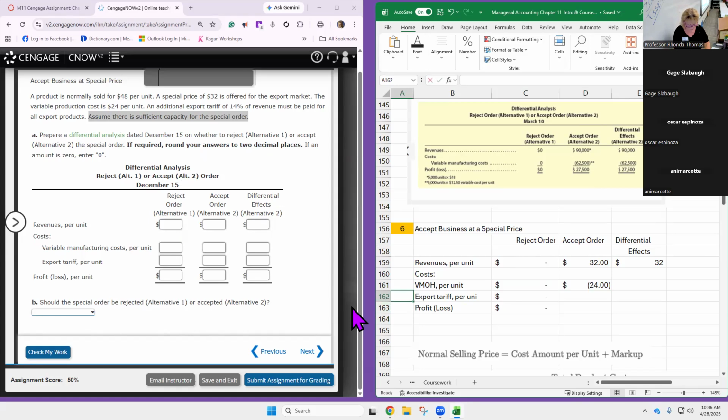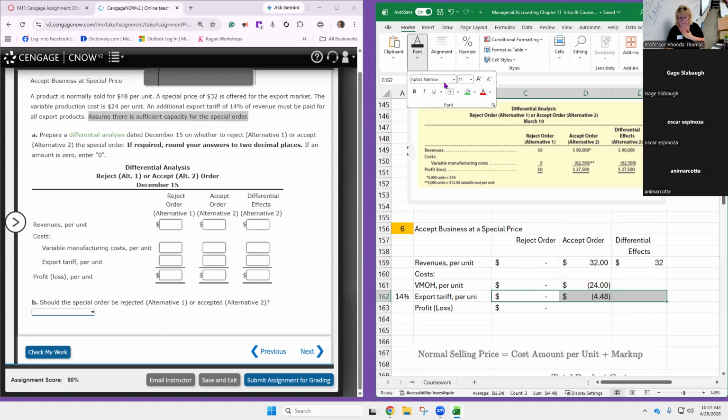So I'm going to put 14% in this little box here, and we'll take the sale times 14%, $4.48, and this needs to be added as a cost. Okay, so now we're going to find out what we want. We want an equal sign now.